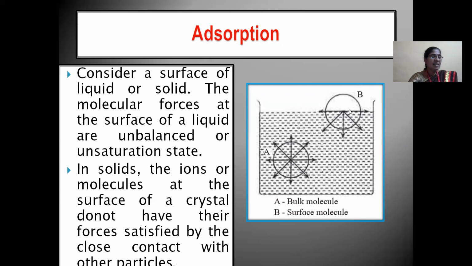As a result, the surface particles have their attractive forces only partially satisfied. The attractive forces on the upper side are unbalanced as there are no particles above the surface. Therefore, solids or liquids tend to satisfy their residual force.